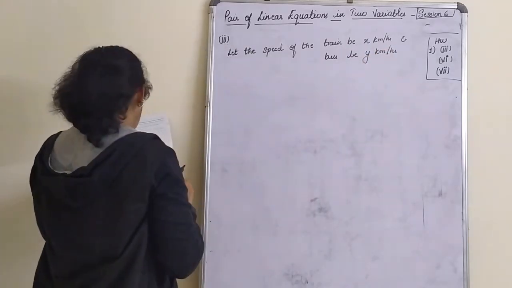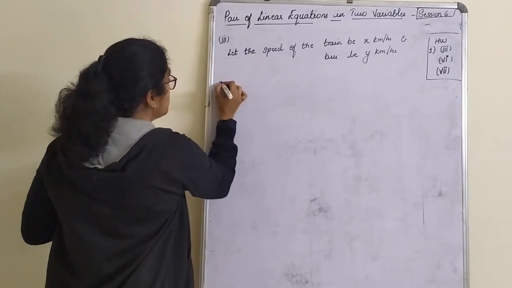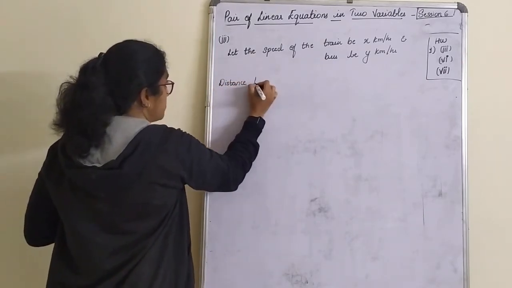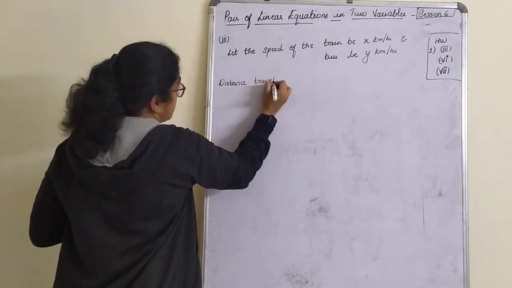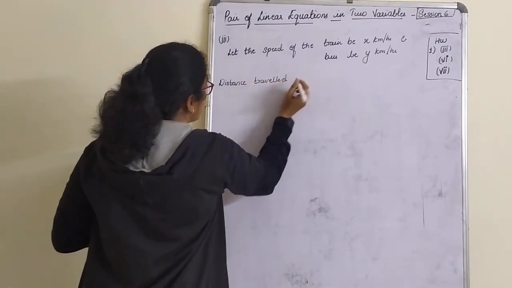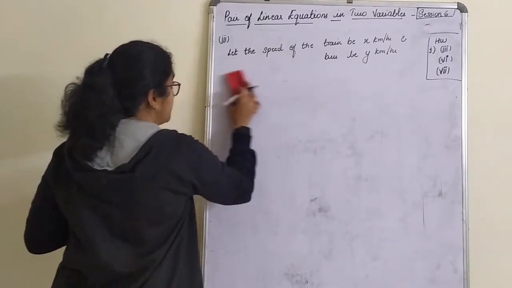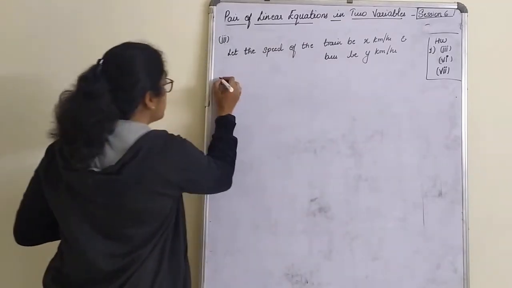Okay. Let us keep it as it is. So, we write the total distance travelled by Ruhi first. That's the first one what they have given.